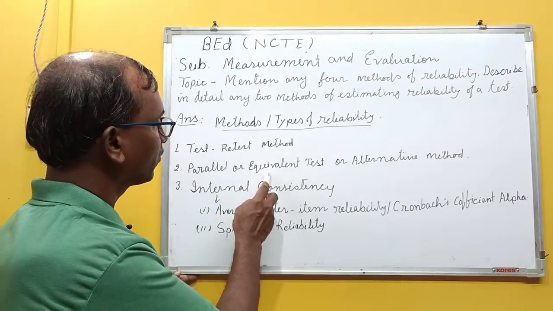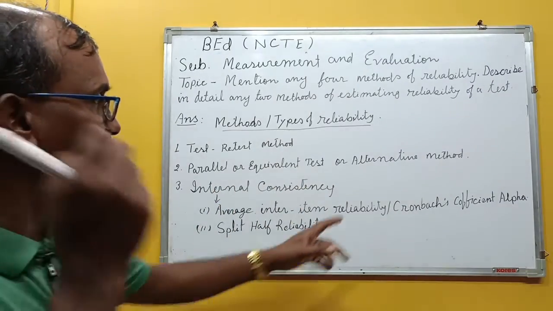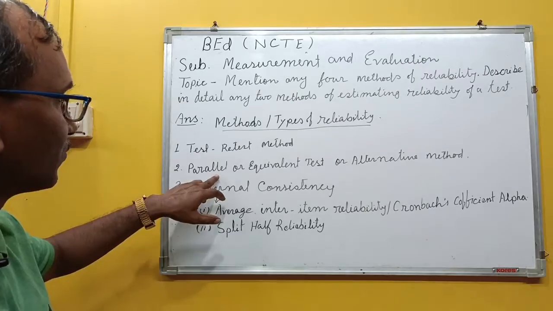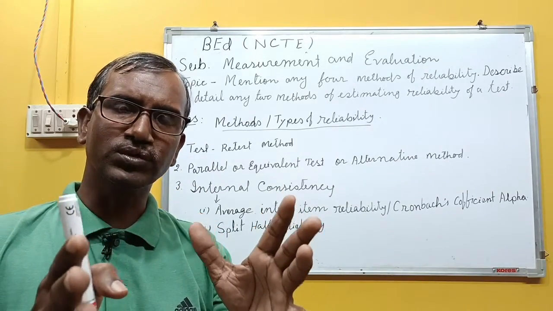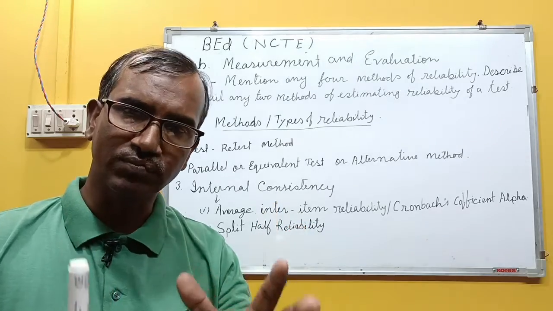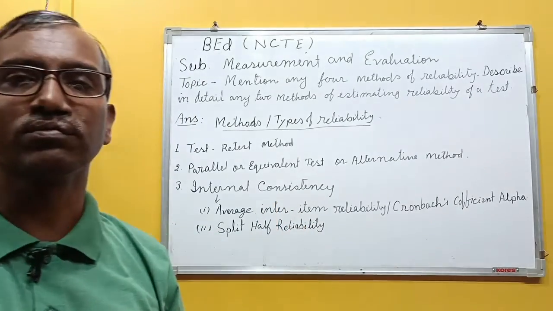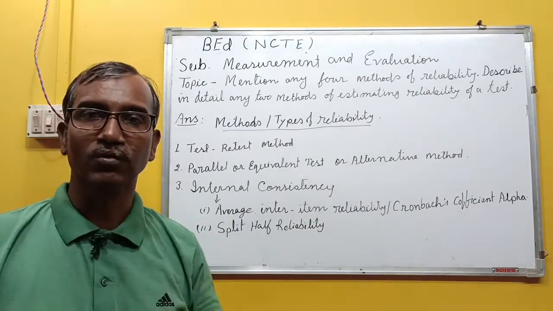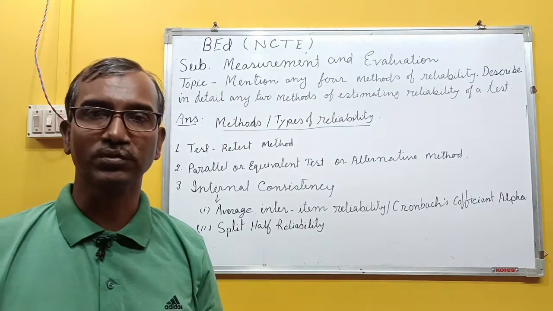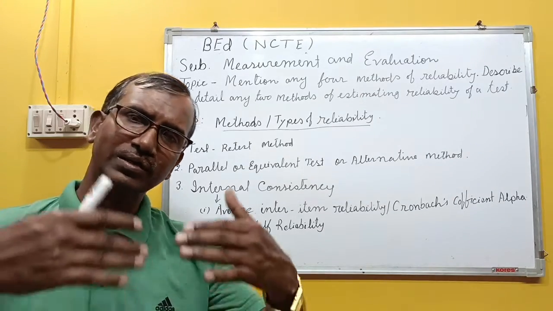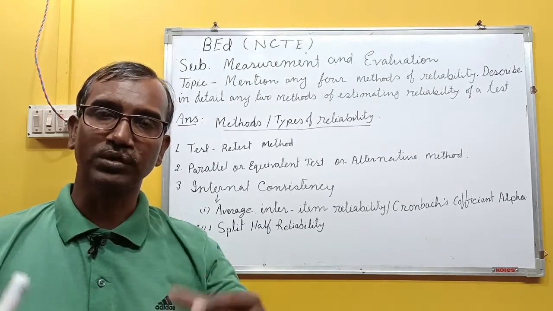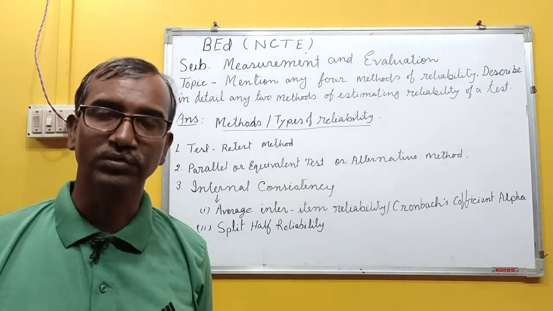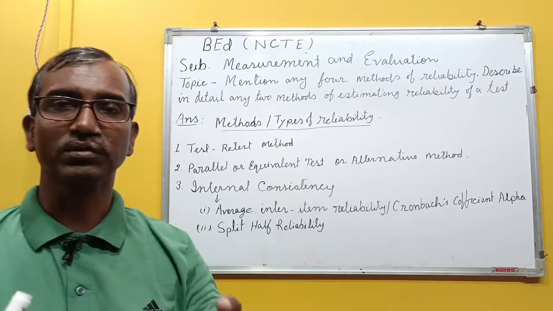Then parallel or equivalent test, or alternative test. Parallel means similar. Suppose a test is prepared to measure the intelligence of children of the adolescence period. Again another test, another 50 items, may be prepared to test the intelligence of a group of children in the adolescence period.